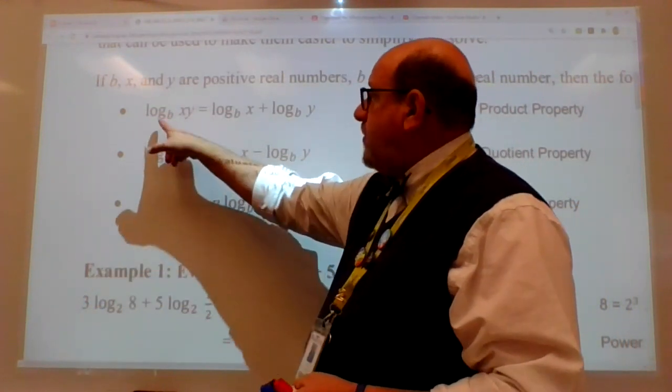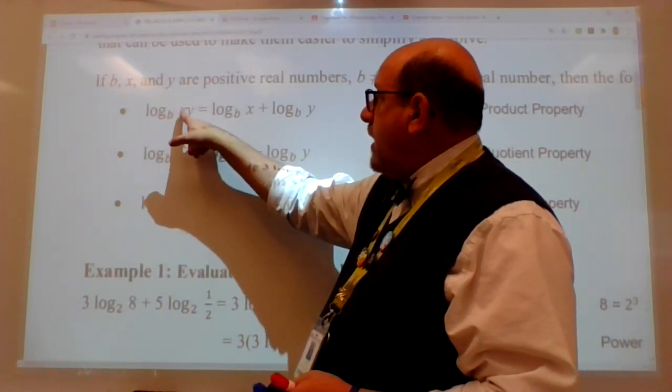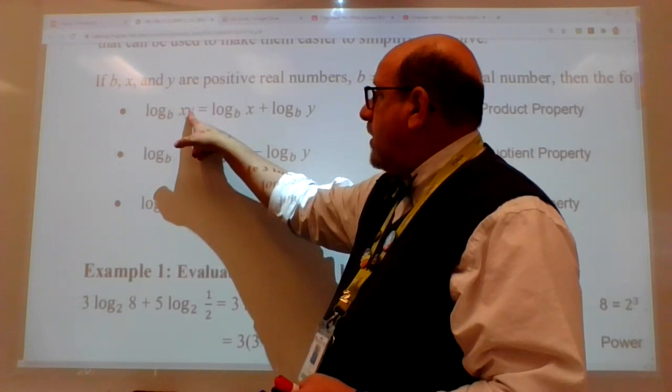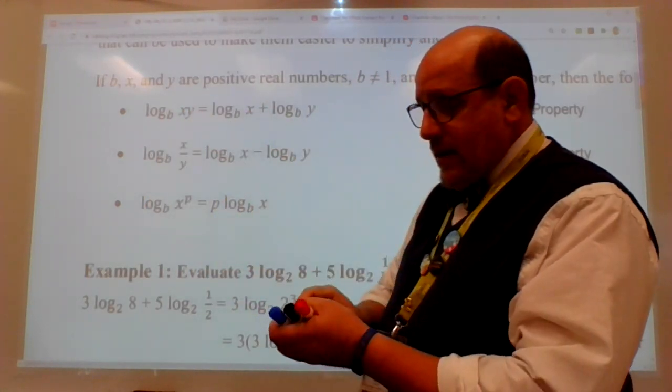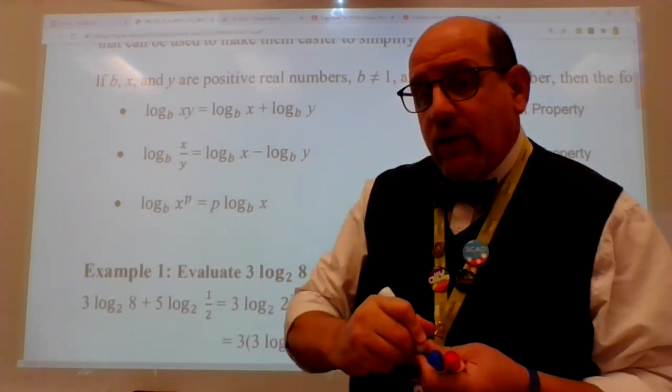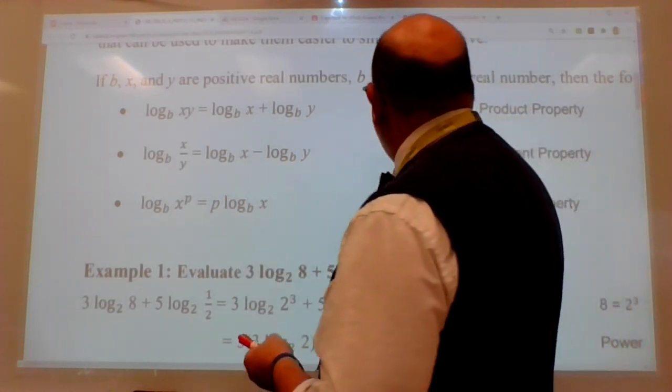It says that if you have a log that's a certain base and you have a little multiplication here, that you can take these and turn it into addition. And what that really looks like is this.